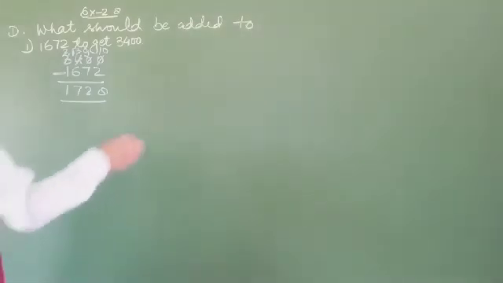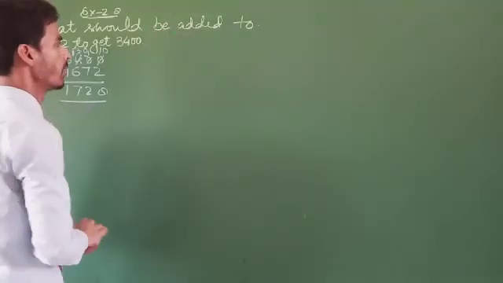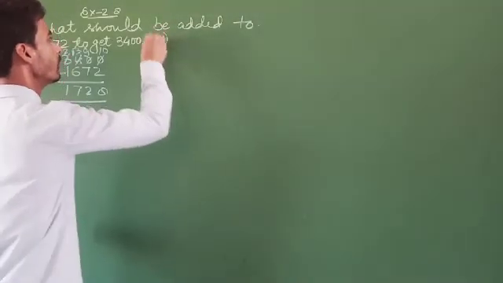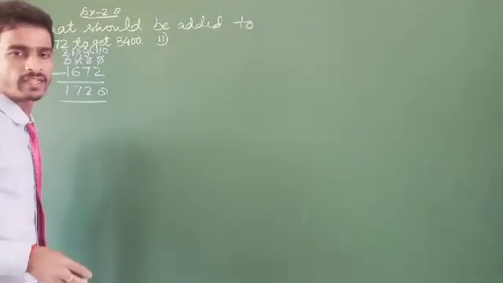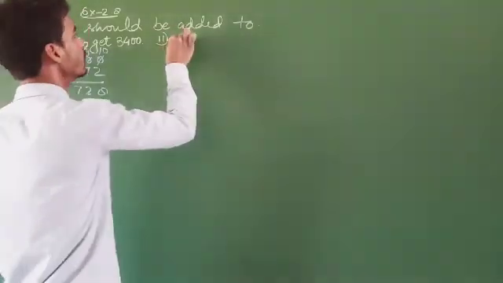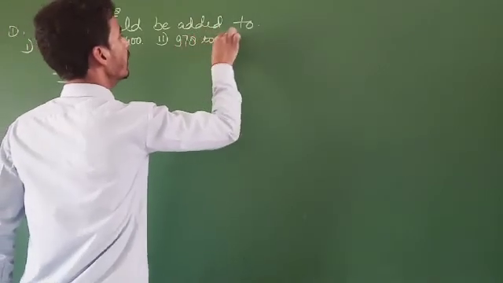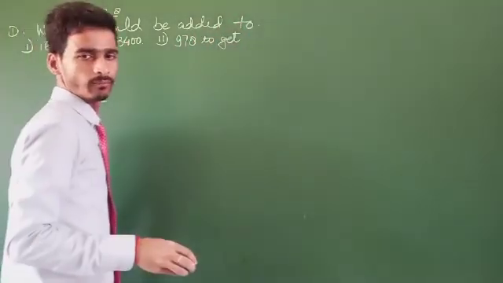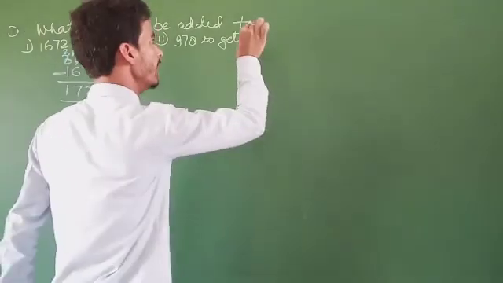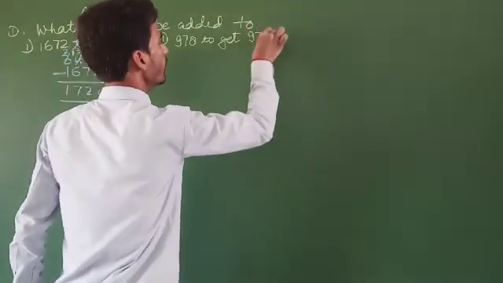Now question number two: what should be added to 978 to get 9780.